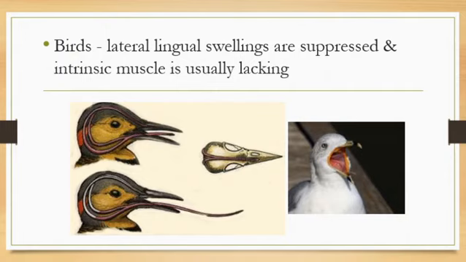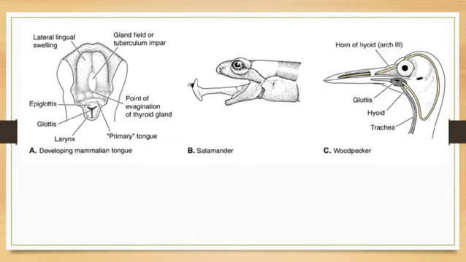But in pelicans and gulls, I think their tongues are quite reduced. Woodpeckers have a shorter tongue. So the horn of the hyoid arch, this is the hyoid, trachea.